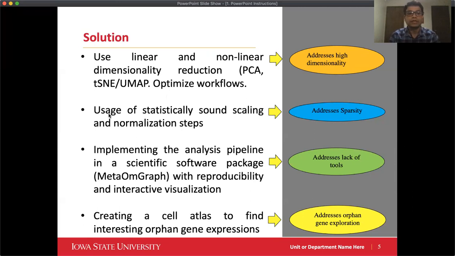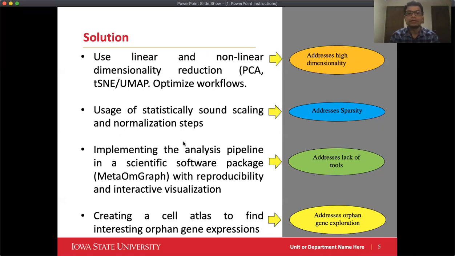And then we are also looking at usage of statistically sound scaling and normalization steps. So this is a prerequisite for the dimensionality reduction, and this will address the sparsity problem.